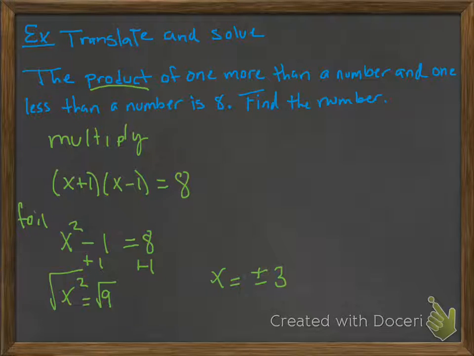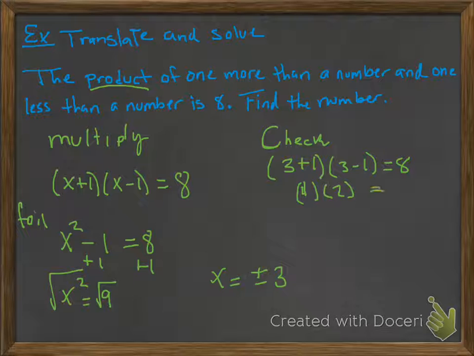So my last step is, if I go back in and check my work, because remember we want to check to make sure our answer makes sense, is 3 plus 1 and 3 minus 1 equal to 8? Well, that's 4 times 2, and 4 times 2 is, yes, equal to 8.